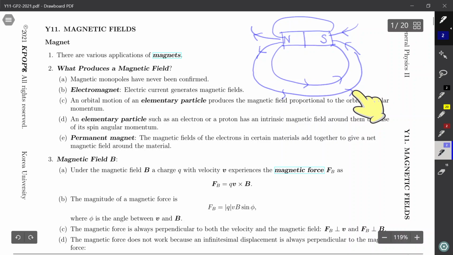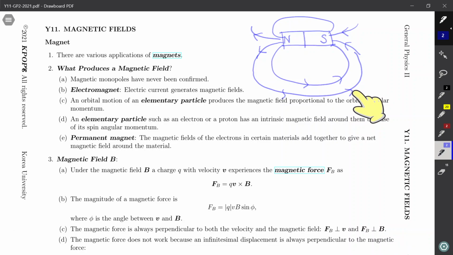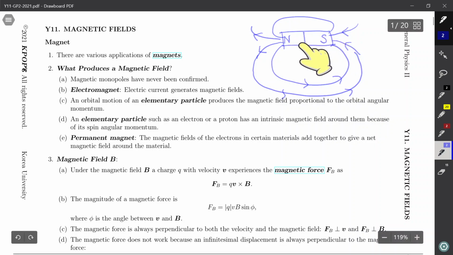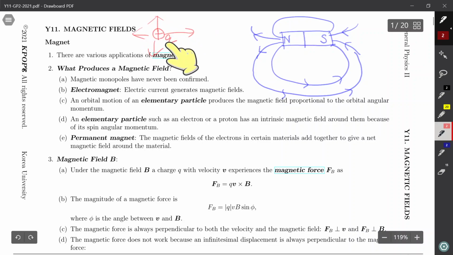Unlike the electric charge, magnetic field survives only as a dipole. For example, positive charge is a pure source, and negative charge is a sink for the electric field.